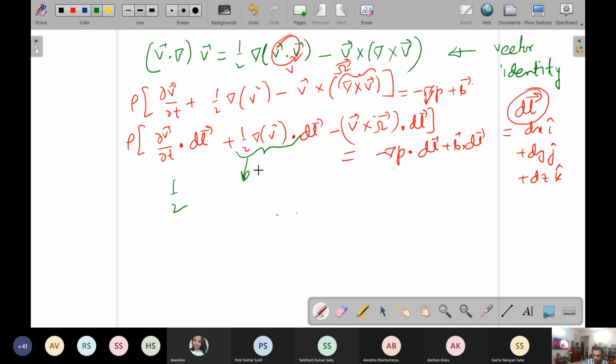So we will use the definition of the nabla operator. It operates on V square for this example, which is a scalar.